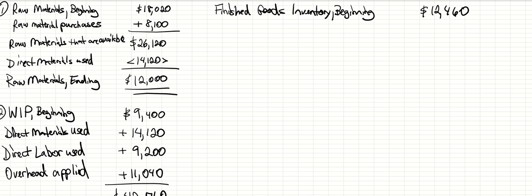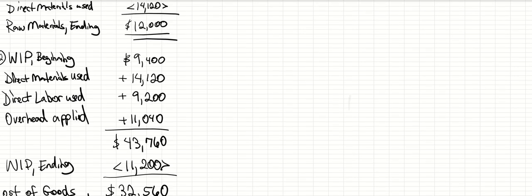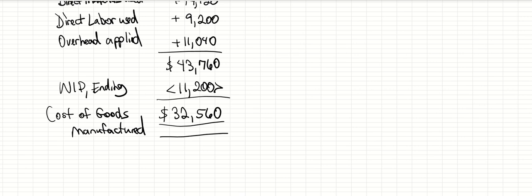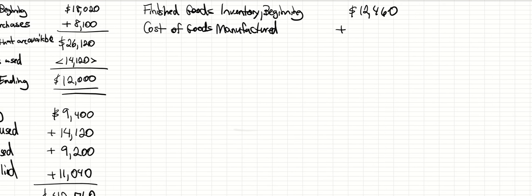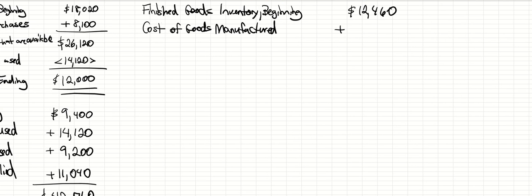And we're going to add the cost of goods manufactured. And where's that amount? It's right here. We calculated it already. So it's $32,560. I'm just going to bring that over here right underneath the finished goods inventory beginning balance.